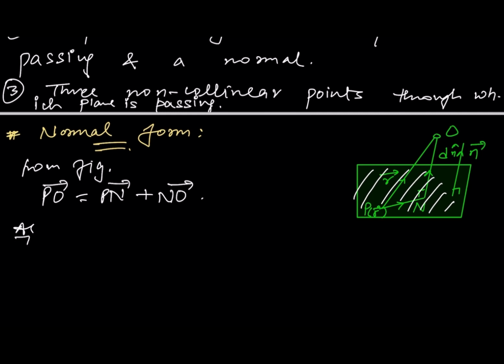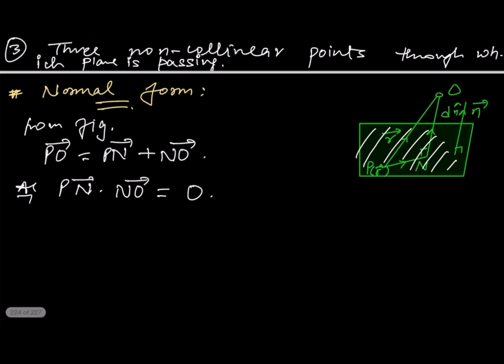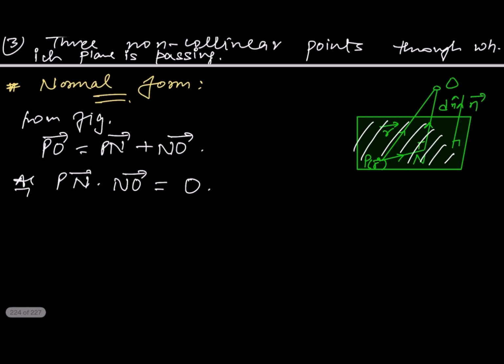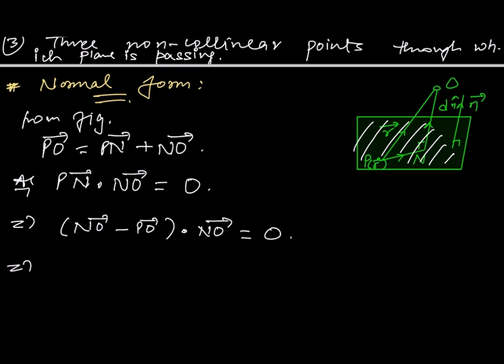Also PN vector dot NO vector is equal to 0, because PN vector and NO vector are perpendicular, and in the perpendicular case the dot product is 0, right? So PN vector is nothing but NO vector minus PO vector, dot NO vector is equal to 0, and NO vector is nothing but d n cap, minus PO vector is r vector, dot d n cap is equal to 0.